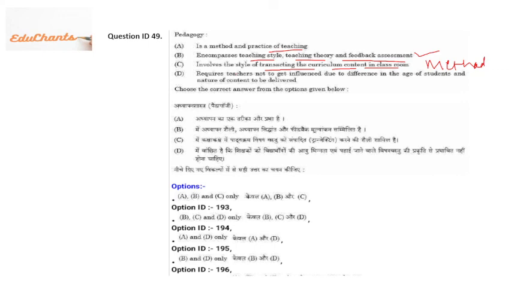Then, requires teachers not to get influenced by the difference in the age of students and nature of content to be delivered. No, it is not, because pedagogy always tells you to understand the students properly. But here the option says not to get influenced by difference in the age of students. No, you have to understand the age of students and the level of students. So definitely the answer will be A, that is A, B, C.